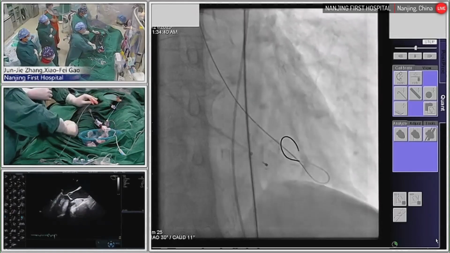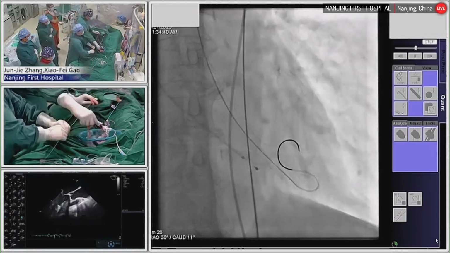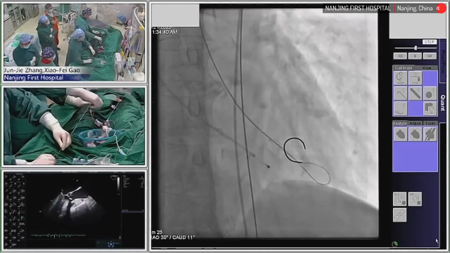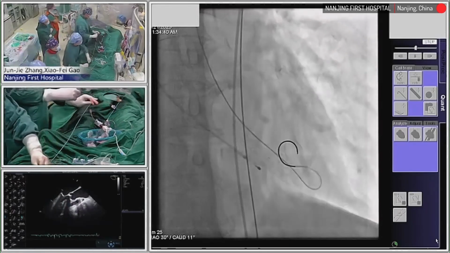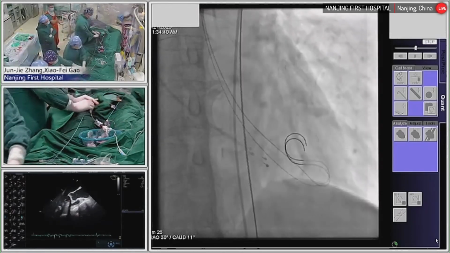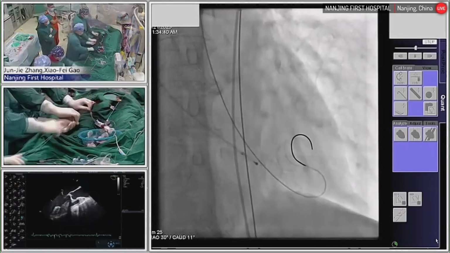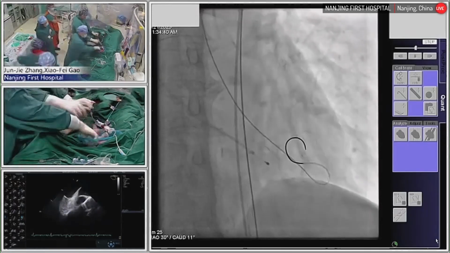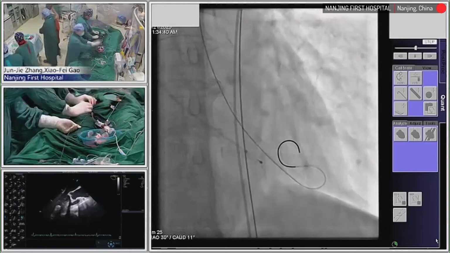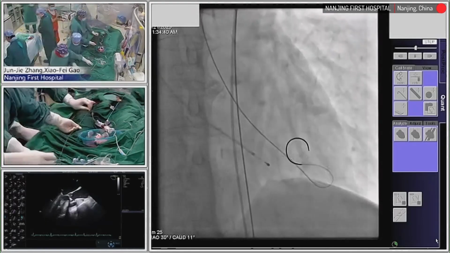RV dimension is very small. Yeah, you see the wire tip. The loops are flattened. Yeah, the RV muscle compresses the wire. You can see the movement.